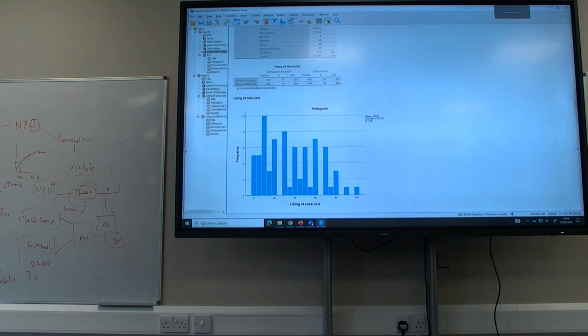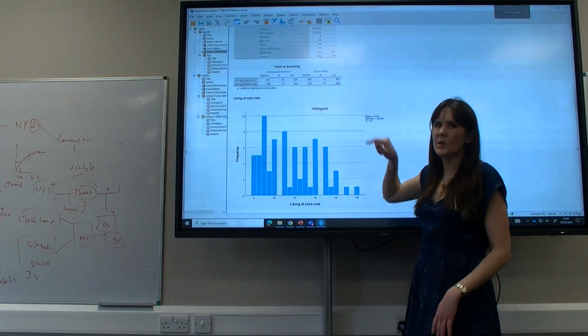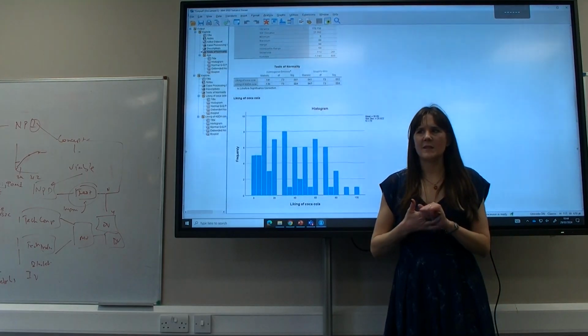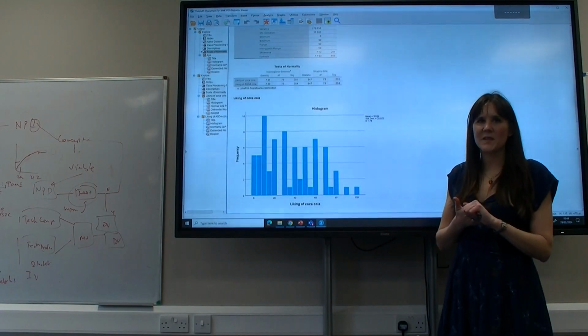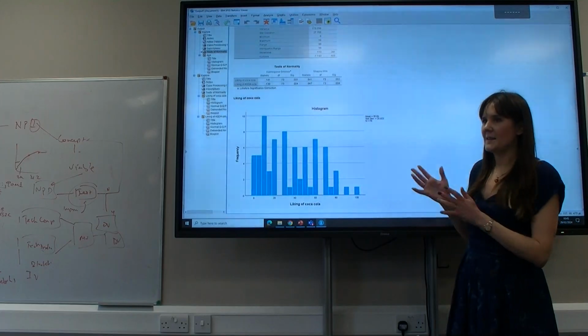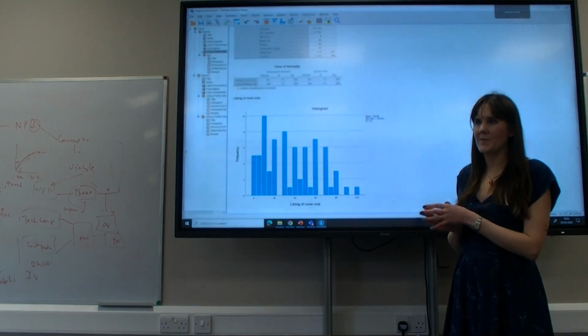All right, so your Shapiro-Wilk values, they're really small. For Coca-Cola, we've got 0.002. Is that significant? Yes, it is. It's smaller than 0.05. So smaller than 0.05 is a significant p-value.